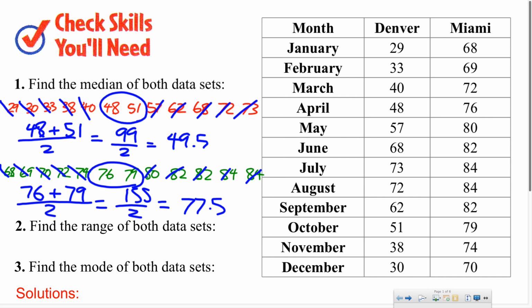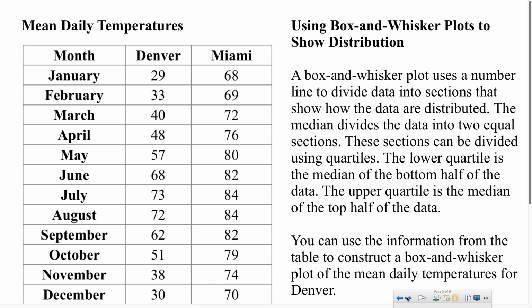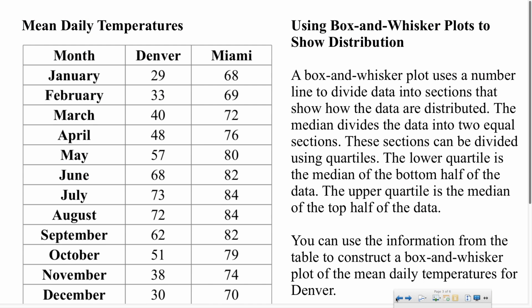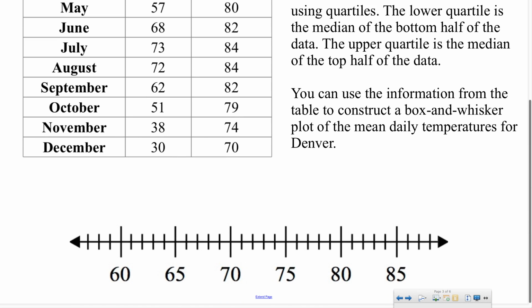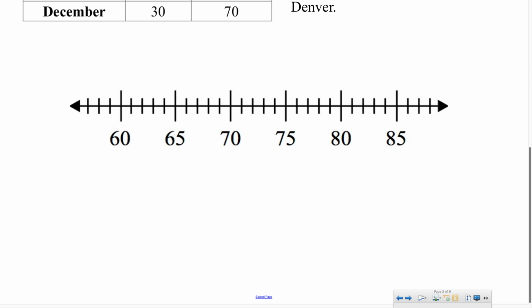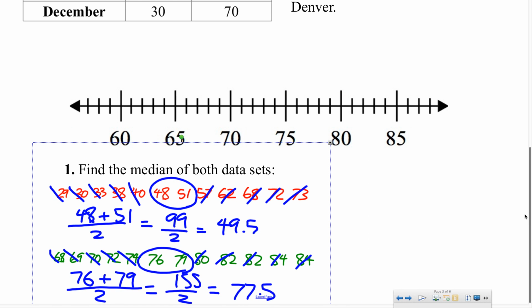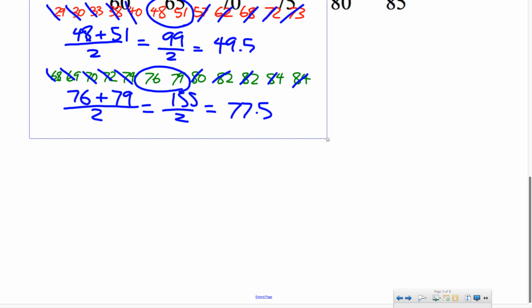Okay, let's fast forward to that slide. Right here. Okay, so remember the data from earlier? So we're going to use that right here.